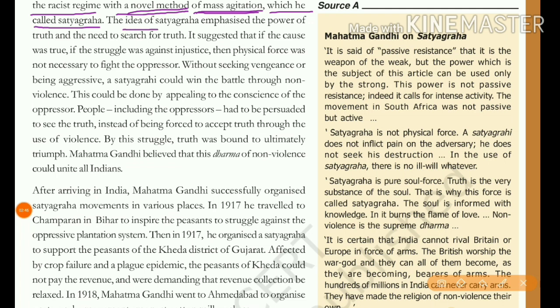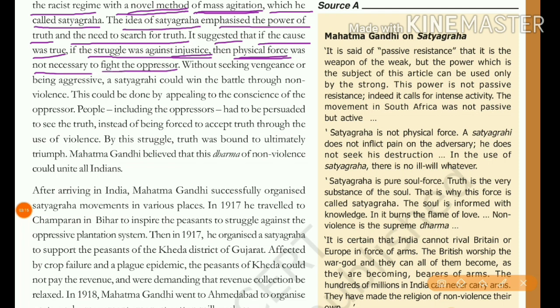The idea of Satyagraha emphasized the power of truth and the need to search for truth. He suggested that if the cause was true, if the struggle was against injustice, physical force was not necessary to fight the oppressor.